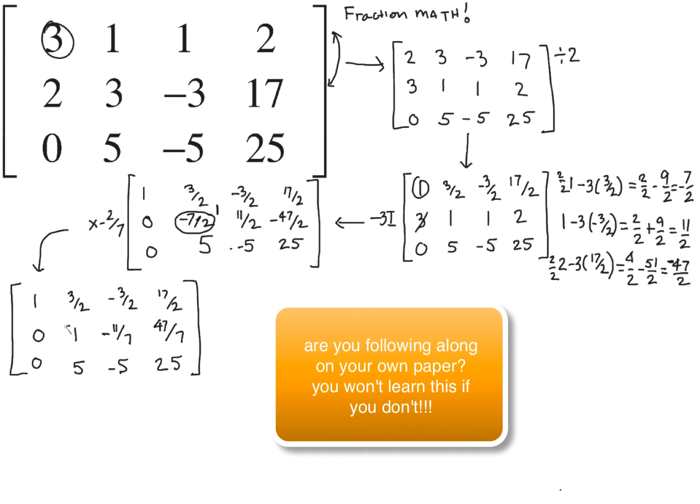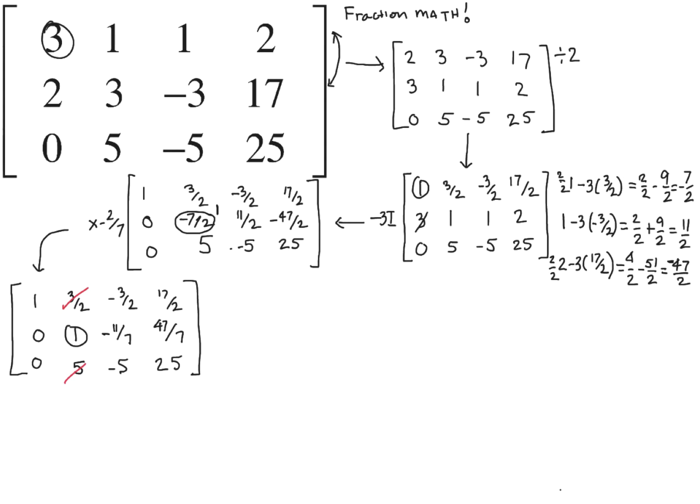Well, we have a 1 here, and we want to cross these guys out. We want to cross this and this. And so what's our goal? Well, to get rid of the 3 halves, we just say minus 3 halves of row 2. And we're going to do both row operations at the same time, just to save us some space. Okay, so we say minus 5 times row 2. Okay.